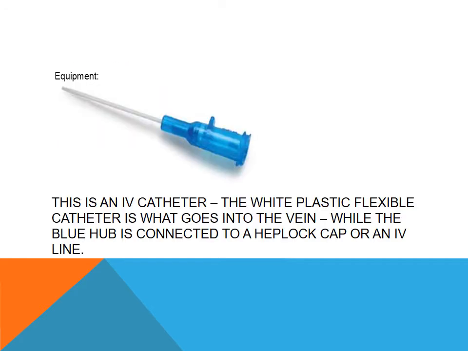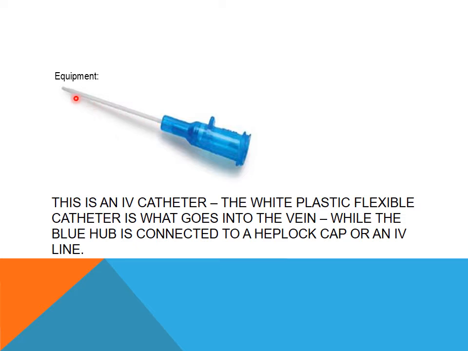Now, equipment that you'll be using are IV catheters. This is an IV catheter. You can see that the IV catheter has a white plastic tip. This is a straw-like structure that actually goes into your vein, introduced into your vein with a needle. This is over the needle.